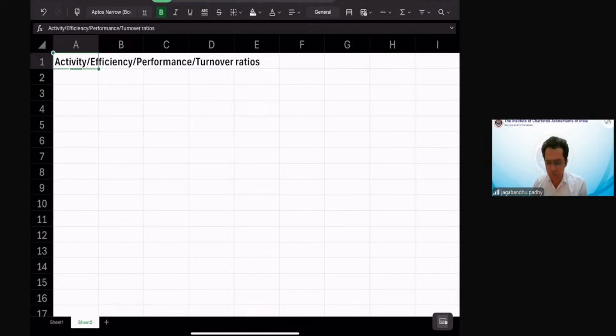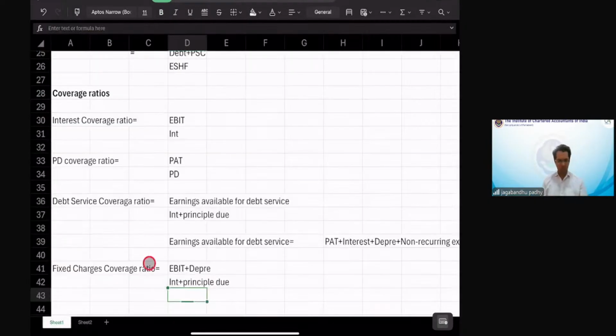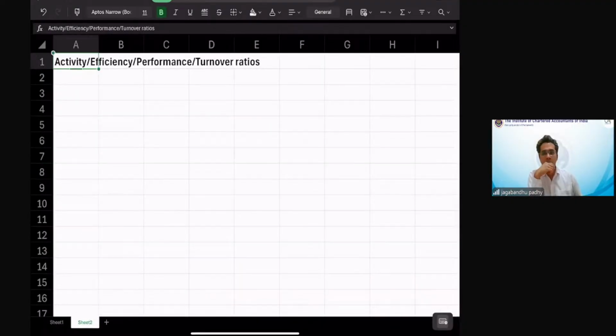And coverage ratio not explained. I've explained that all these coverage ratios are going to tell you how secure you are in paying the interest and other charges. So I think that is what we have covered already. Right now, we are looking at the next set of ratios. From here, today's discussion is going to start.